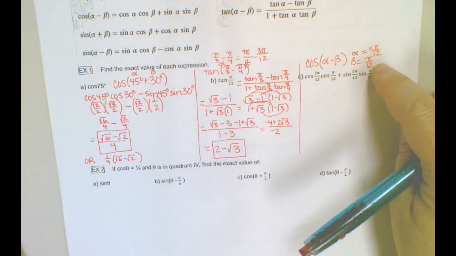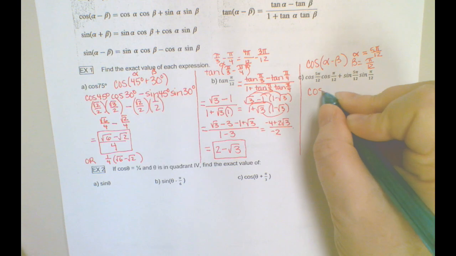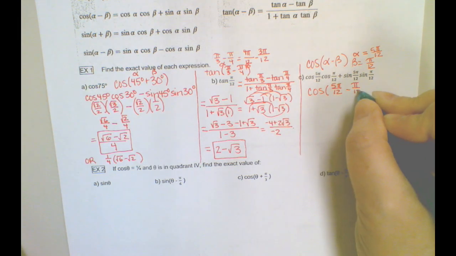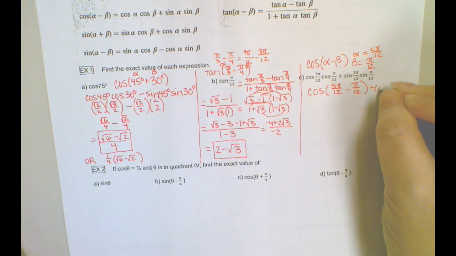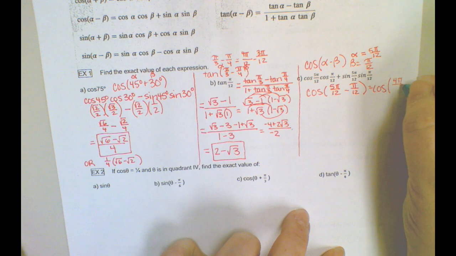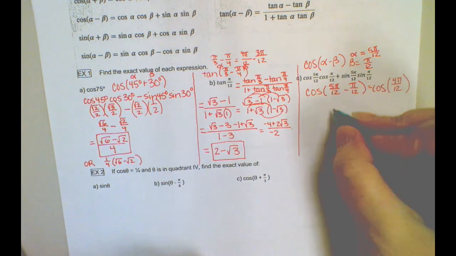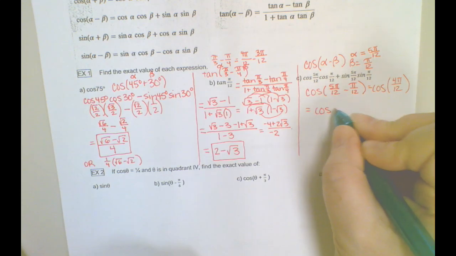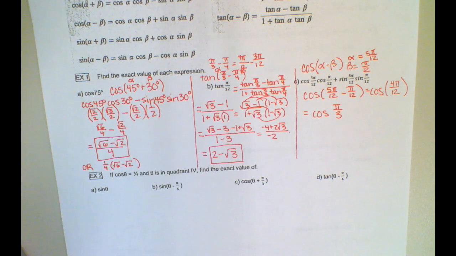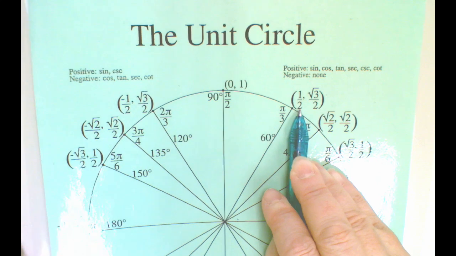So alpha minus beta is, if I make this cosine 5 pi over 12 minus pi over 12, that becomes cosine of 4 pi over 12. 4 pi over 12 obviously reduces, so that becomes the cosine of pi over 3. And so now it's a unit circle value. So find your pi over 3, the cosine, there's the answer, 1/2.